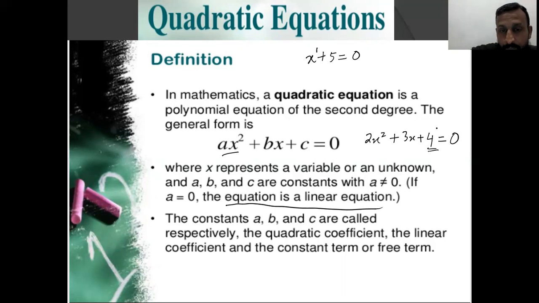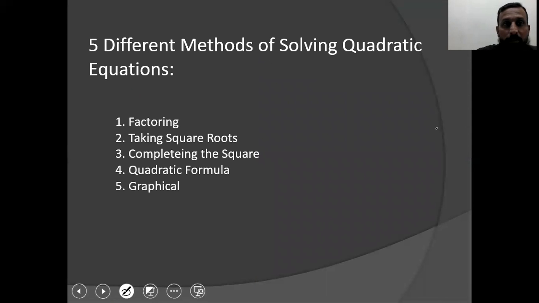So my dear students, basically there are 5 different methods of solving quadratic equations. What are those 5 methods? Number one, factoring, that is the factorization method. We will be discussing it today, and you have learned this in the lower grades as well.